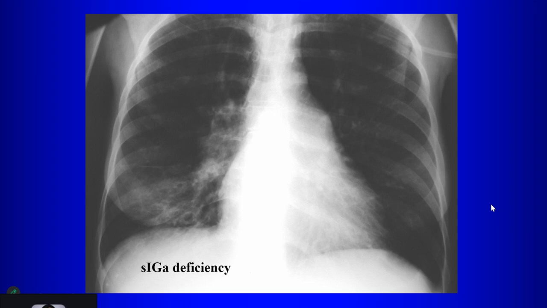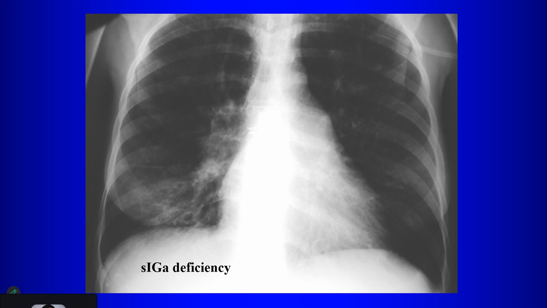Now, there are any chronic immunodeficiency. This is a patient with secretory IgA deficiency. I mean, the list goes on forever. But any chronic immunodeficiency can also result in recurrent infections, and that can cause bronchiectasis in the lower lung distribution.